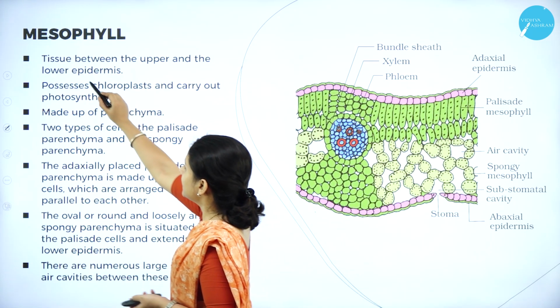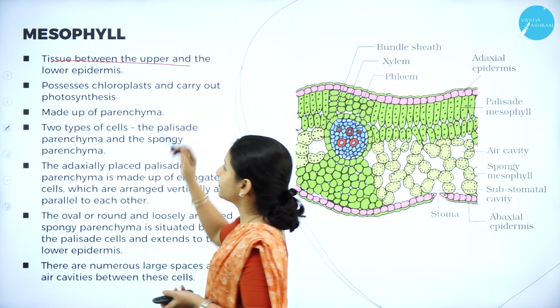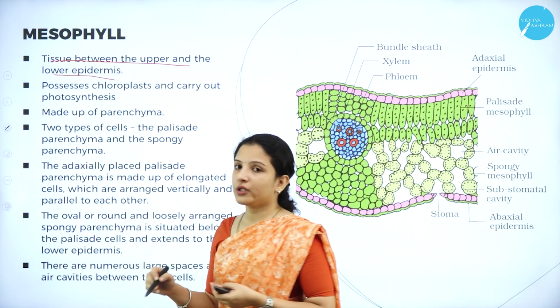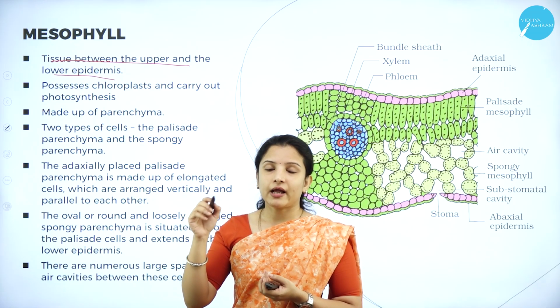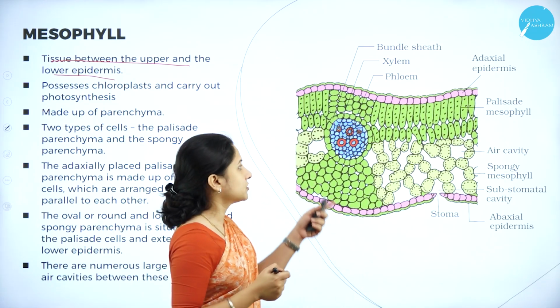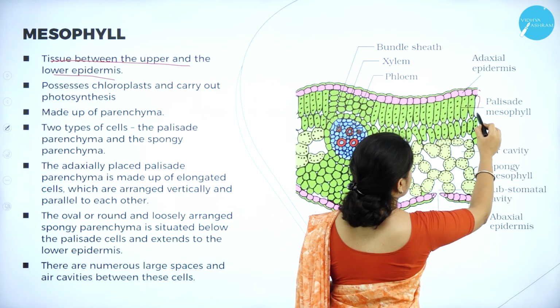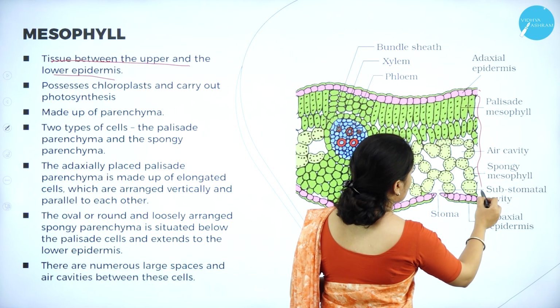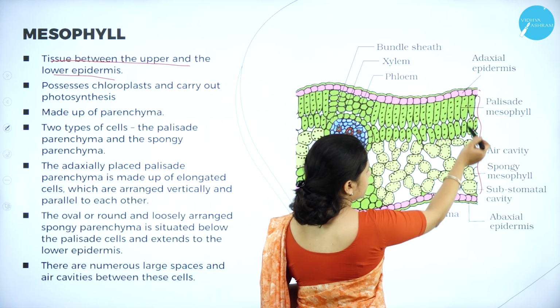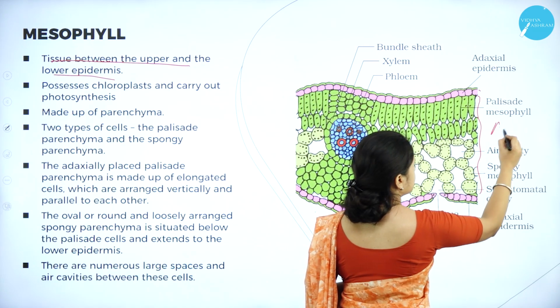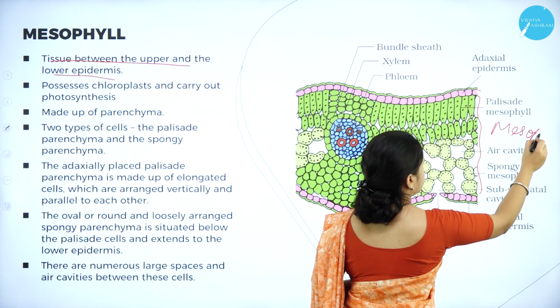Mesophyll is the tissue that is present between the upper and the lower epidermis, means between the adaxial and the abaxial epidermis. So this particular region, extending from below the upper epidermis up to the lower epidermis, whatever cells are present, that is nothing but the mesophyll.